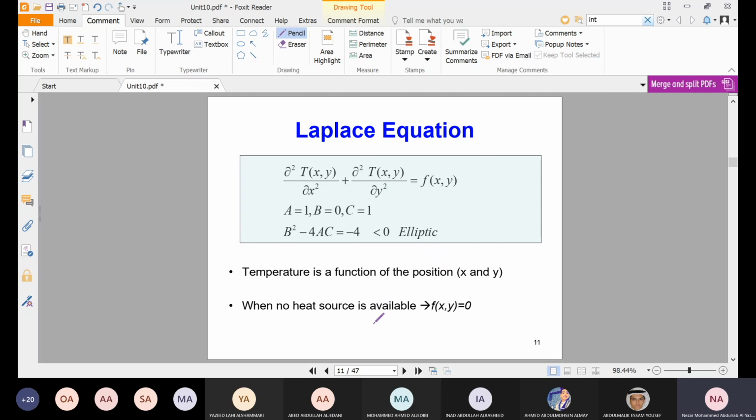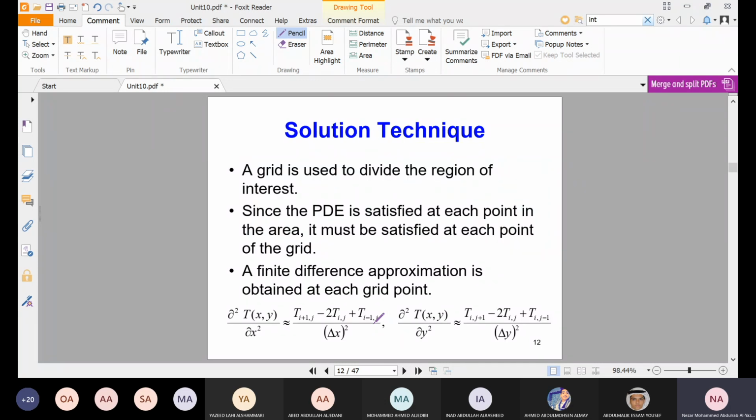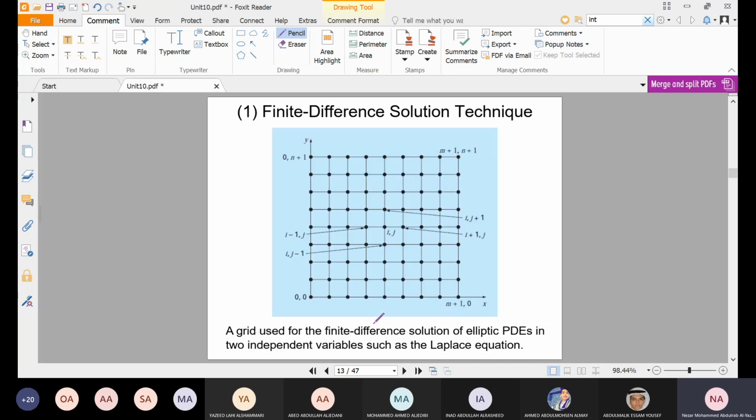After that, we take the Laplace equation as an example of elliptic equations. That means we talk about the elliptic equation solution, and we take the example of heat transfer in a heated plate.